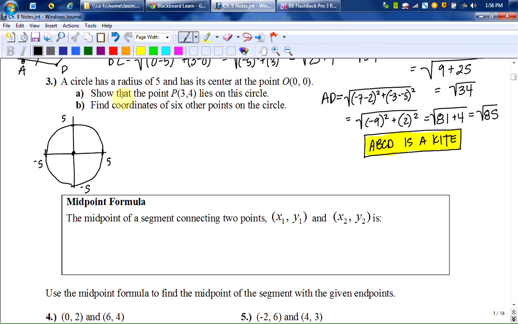And it says, first off, show that the point 3, 4, which is right here, maybe we'll call it P. Well, they do call it P, 3, 4. Part A, show that it lies on the circle. So we're going to do the distance formula. Call this O for PO with the origin, which is really easy. 3 minus 0 squared plus 4 minus 0 squared.